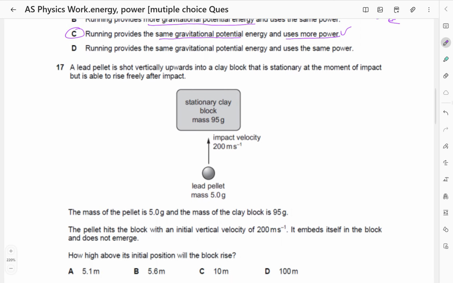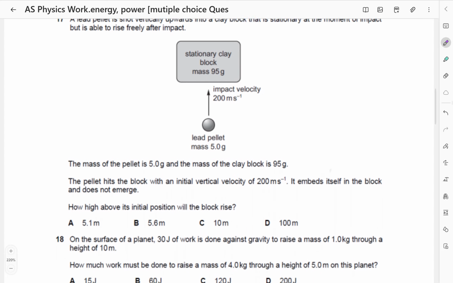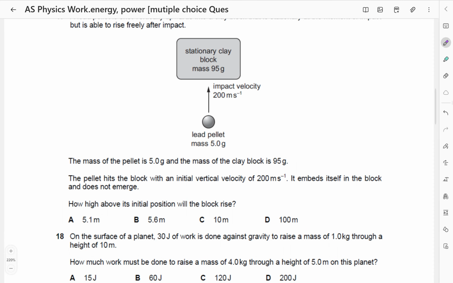Okay. A lead pellet is shot vertically upwards into a clay block that is stationary at the moment of impact, but is able to rise freely after impact. The mass of the pellet is 5 grams and the mass of the clay block is 95 grams.